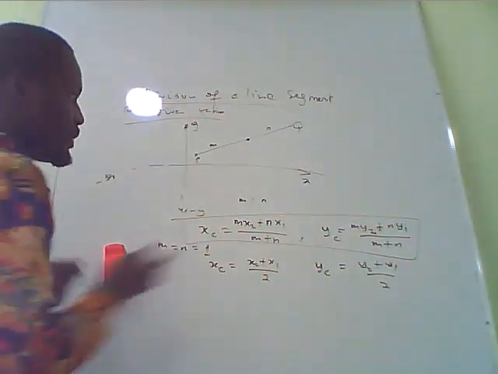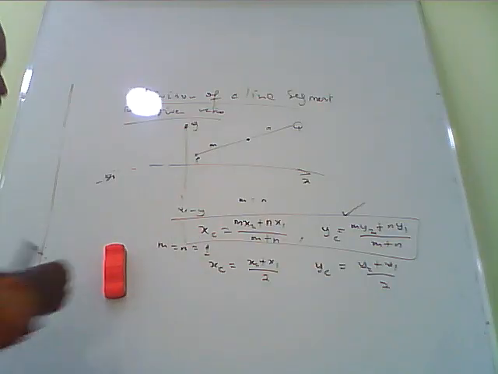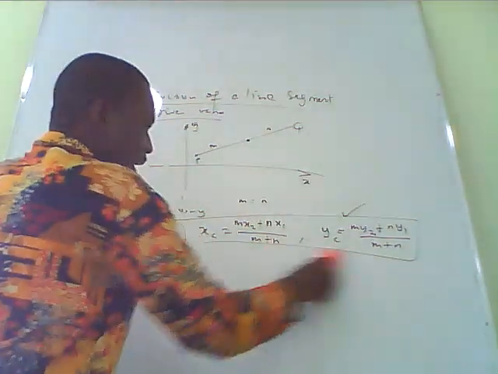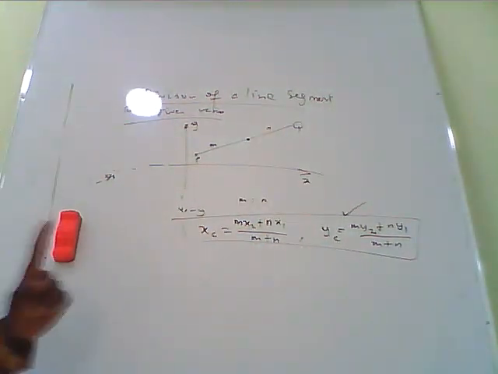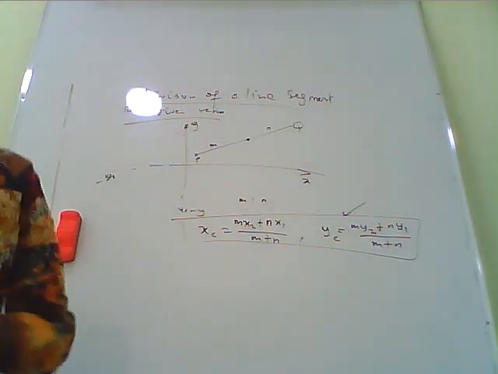So please take this formula and let it be at your fingertips that m and n are not necessarily 1. m could be 3, n could be 5, depending on the ratio.